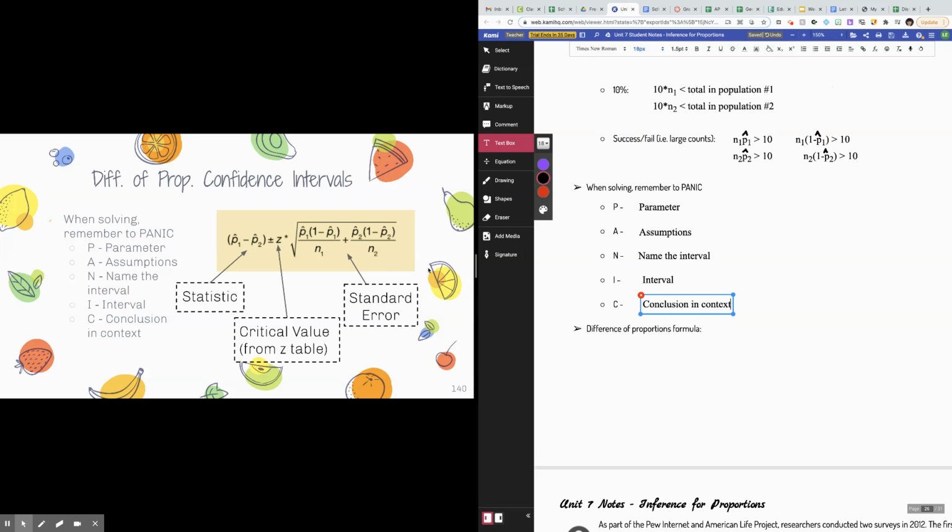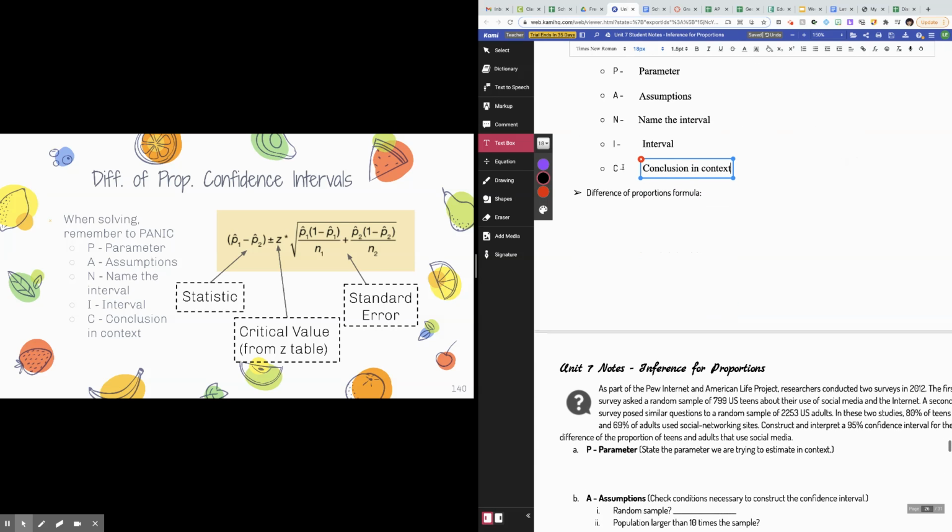So what you see on the left side of your screen and what I'm going to rewrite for you on the right side of the screen is the full formula for the difference of proportions confidence interval.